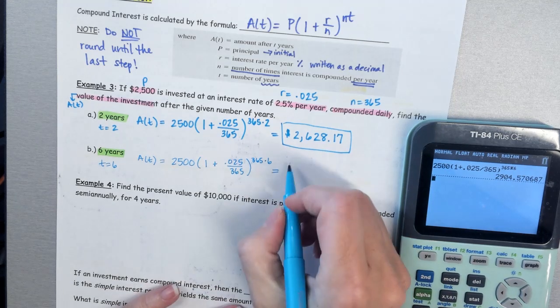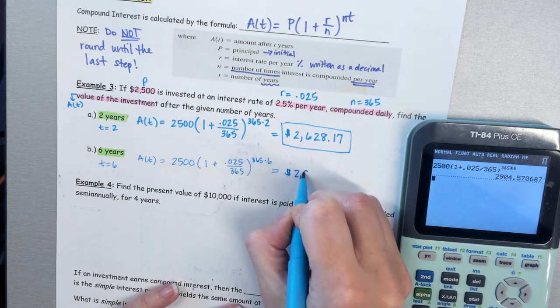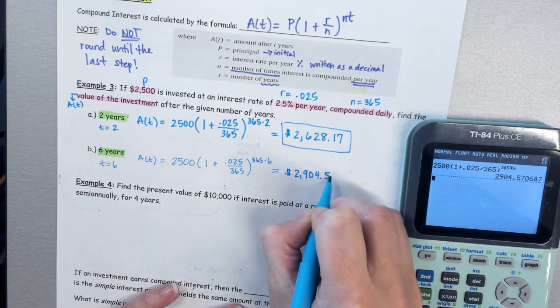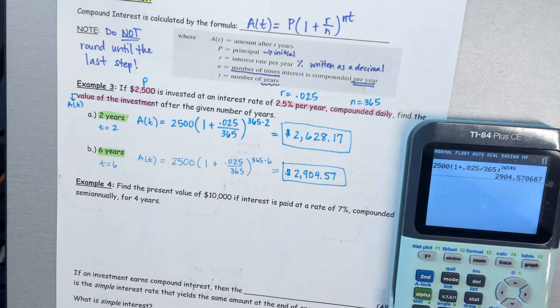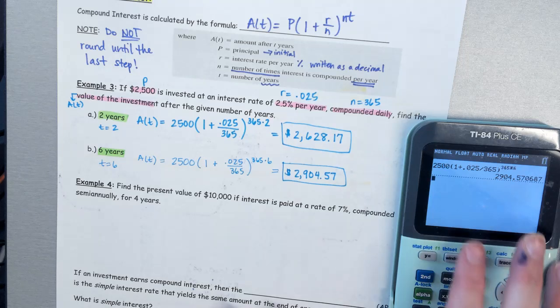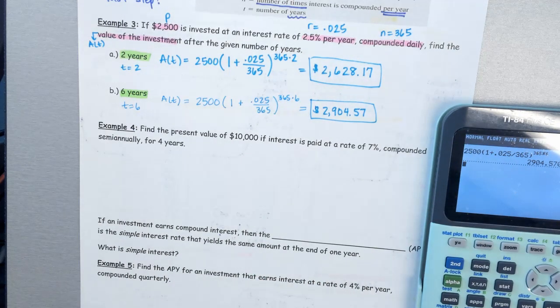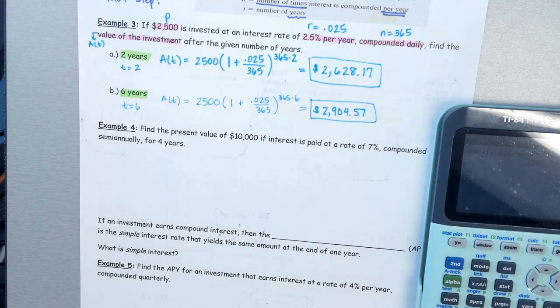And then again, we're going to round that to the nearest hundredth. Okay, and then let's just make sure you can get those on your calculator, and then if you want to read through the next problem and set it up.